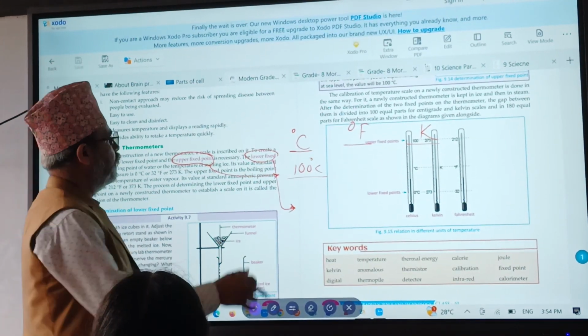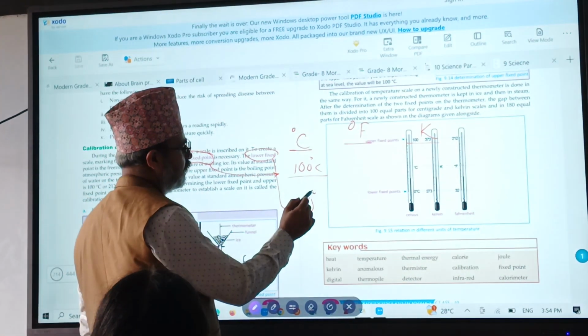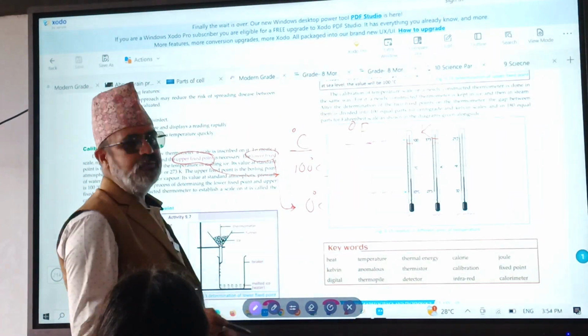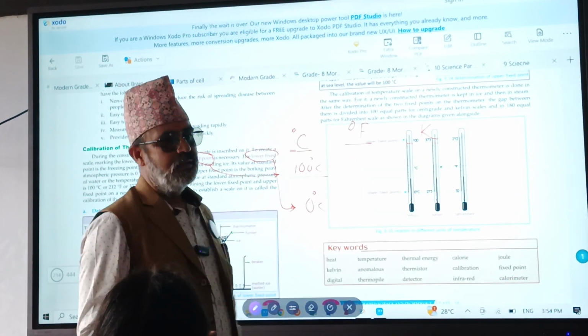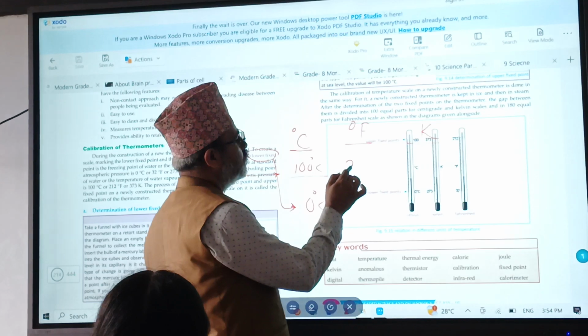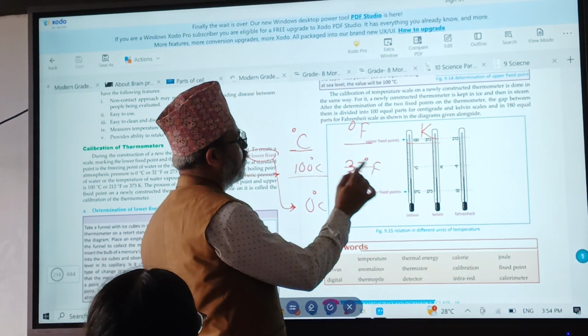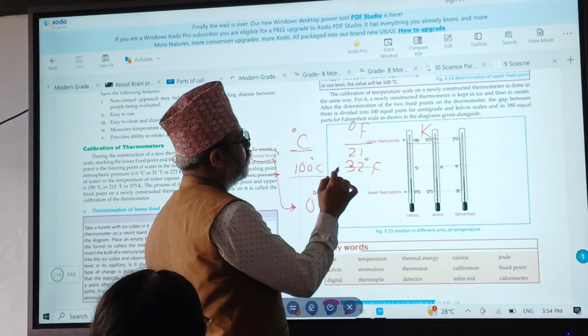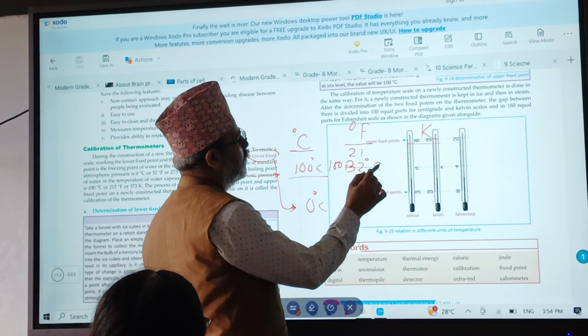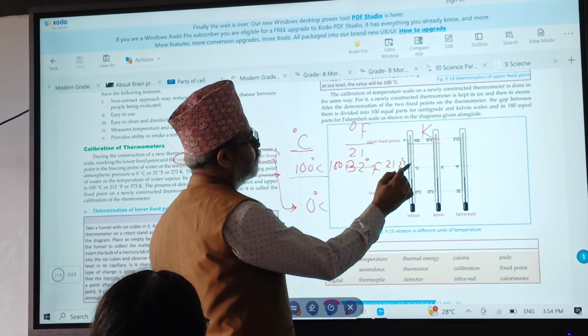What is the lower fixed point in degree centigrade? 0 degrees centigrade. And in degree Fahrenheit? 32 degrees Fahrenheit for the lower point, and for the upper, 32 plus 180, which becomes 212 degrees Fahrenheit.